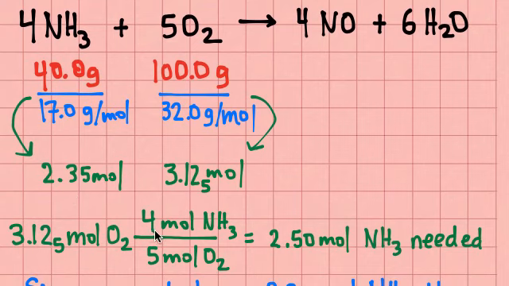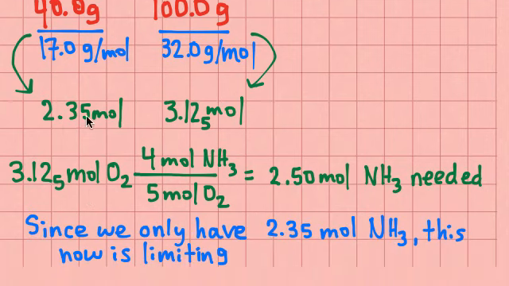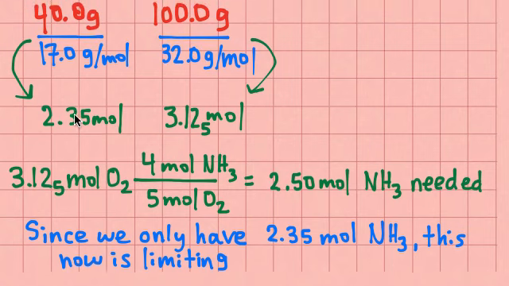3.12-ish moles of O2, do a mole ratio, converting moles of O2 to moles of NH3, and it looks like 2.5. So 2.5 moles of NH3 would be needed for 3.125 moles of oxygen. Do I have 2.50 moles of NH3? And it seems like I don't. So I think the NH3 is limiting in this case. This is smaller, and it's too small.